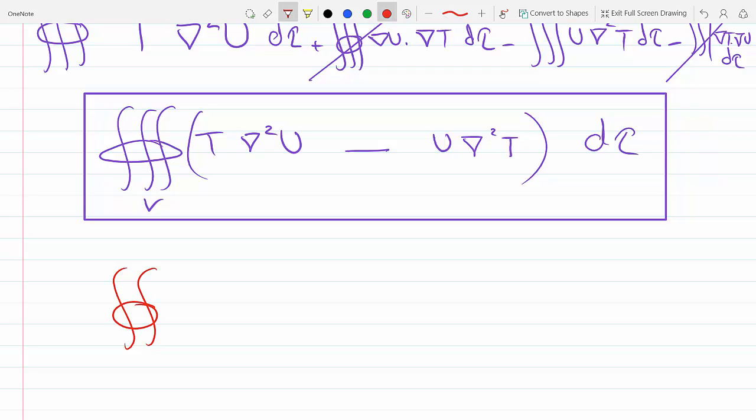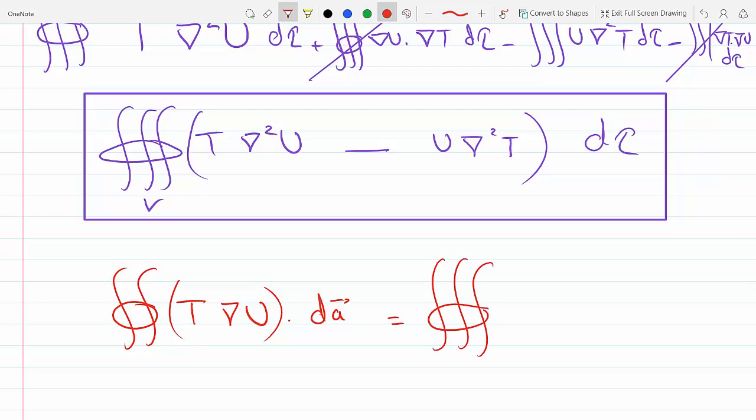The surface integral of t gradient u dA, which we already did on one of them, turned out, just using the divergence theorem, to be the volume integral of t Laplacian u plus gradient t dotted with gradient u, d tau.